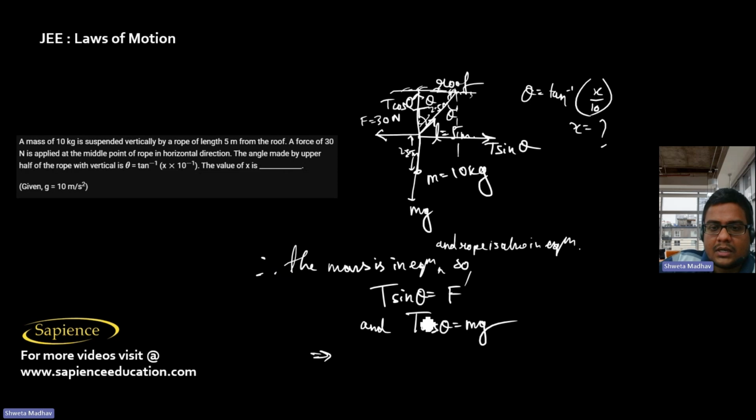Now if we divide these two equations, then we will get tan theta equal to F by mg.